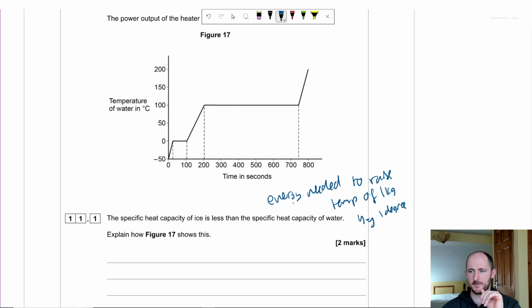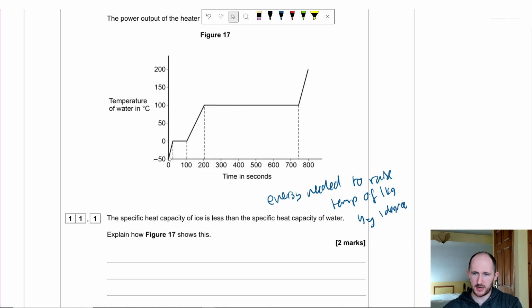I know that's a lot, right? But essentially, the higher the specific heat capacity, the more energy it takes to raise the temperature. It says the specific heat capacity of ice is less than water. Now, if it takes less energy to raise the temperature, it means the temperature will rise faster.